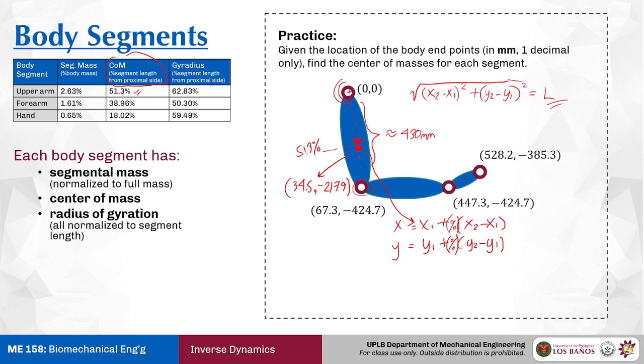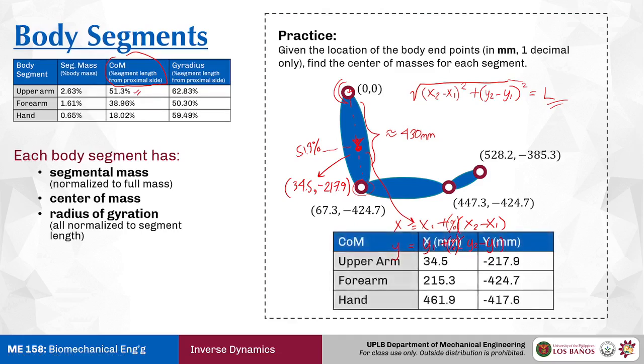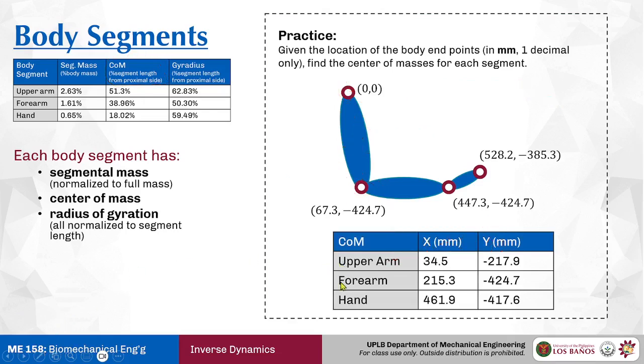These are the correct values: 34.5, negative 217.9. For the forearm, it's approximately here, it's horizontal, weirdly. And then for the hand, it's just a little close to the wrist, but it's here.